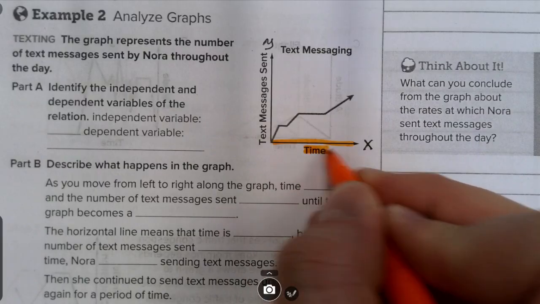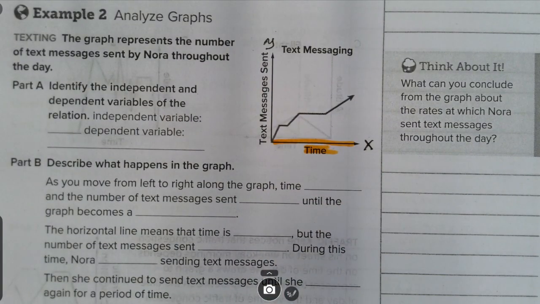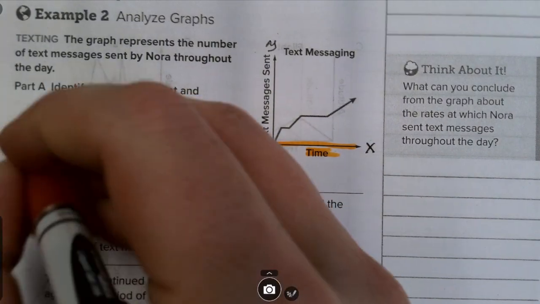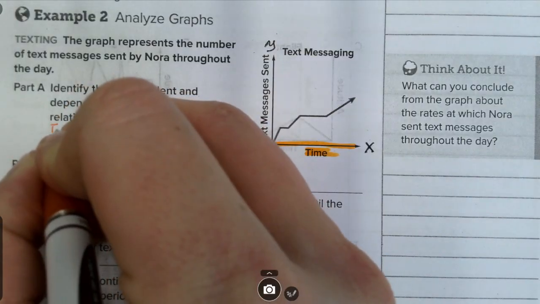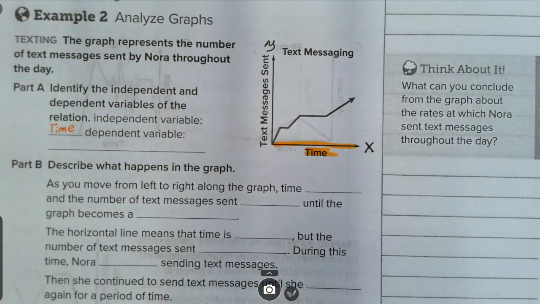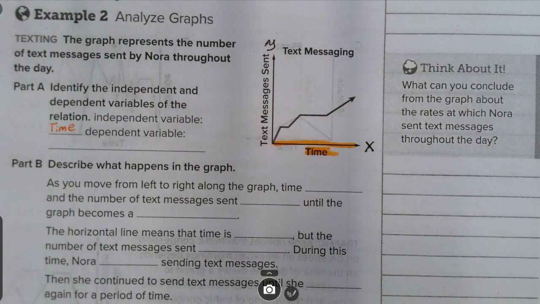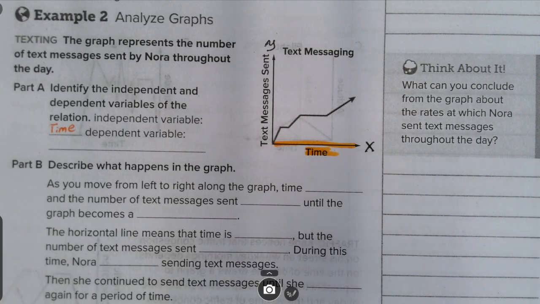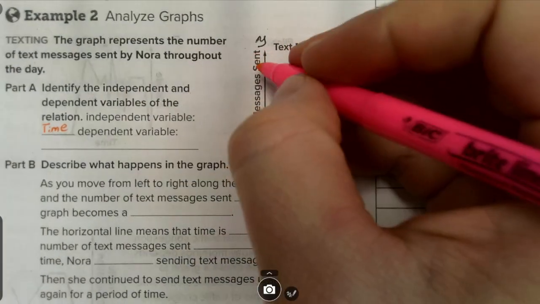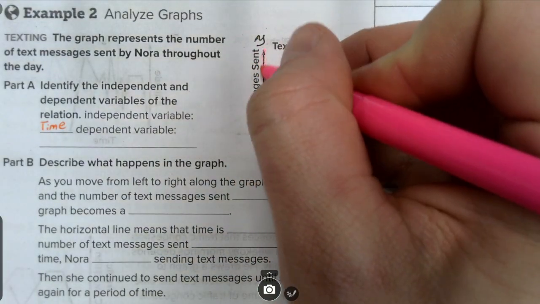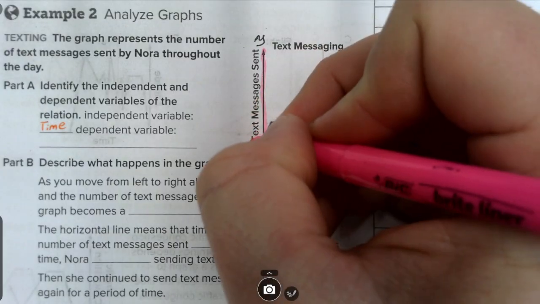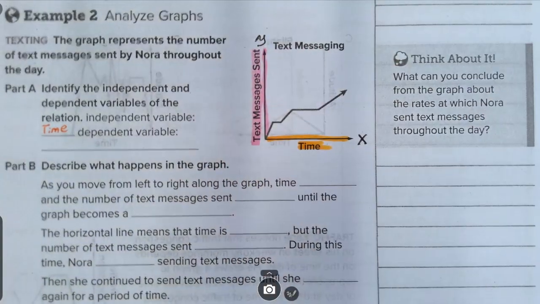So that means time is independent. So if time is the independent, the dependent variable is our y-axis. So that will be the number of text messages sent.